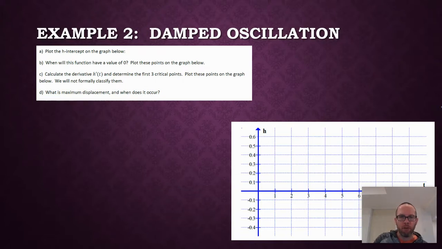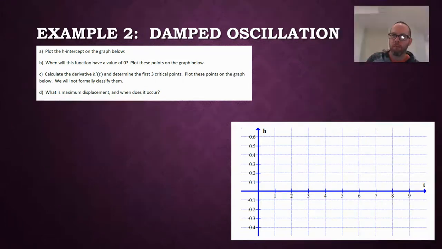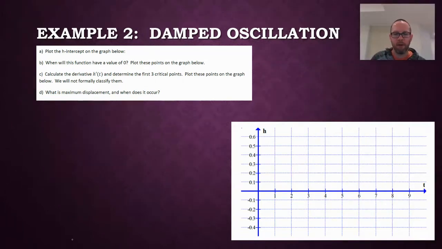I'm going to just rewrite. Well, first I'm going to move my handsome face up there. I'm going to rewrite my equation on here as well, so I don't have to keep flipping back and forth. H of t was, just want to be careful, e to the minus 0.5 t.